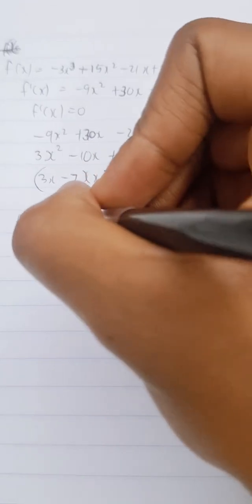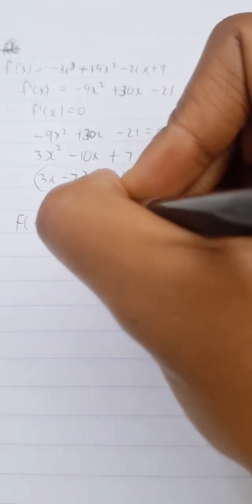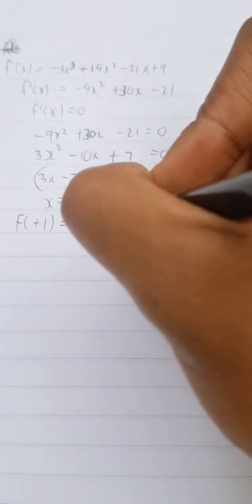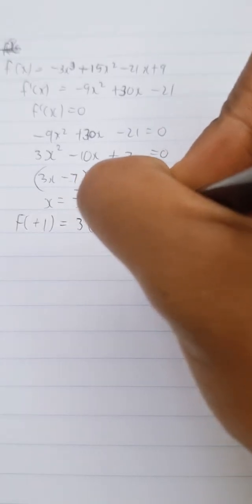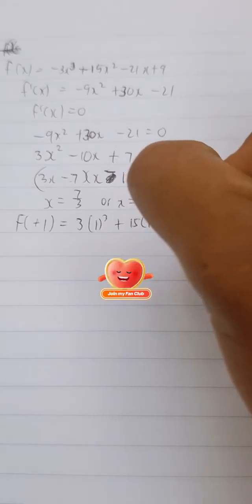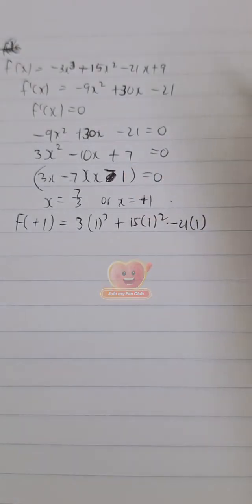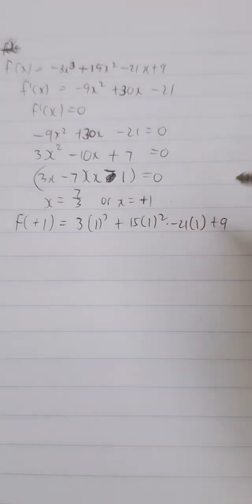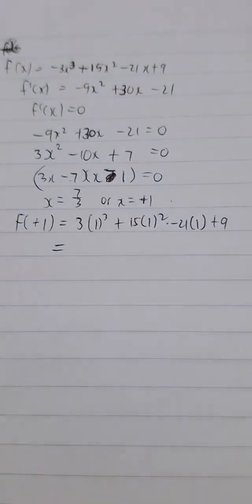I substitute into the original function: negative 3 into 1 to the power 3, plus 15 into 1 to the power 2, minus 21 into 1, plus 9. Take your calculator, you simplify it.